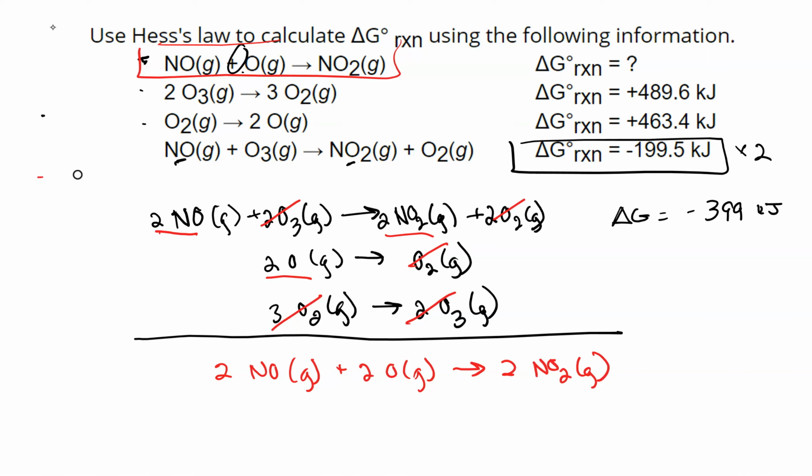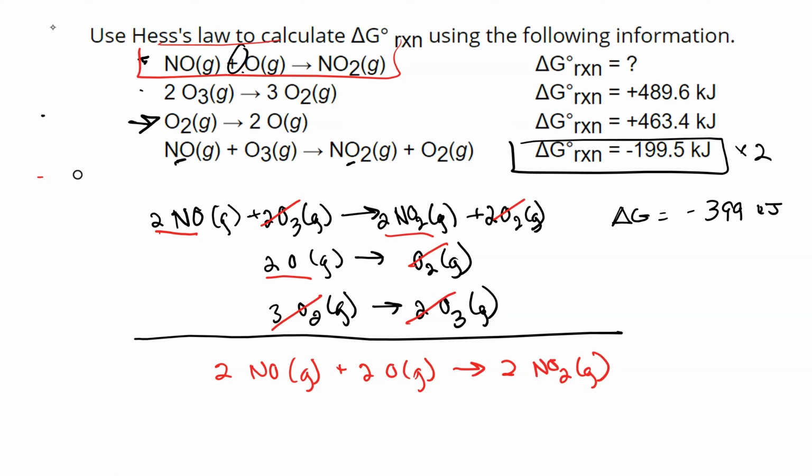The second half reaction, 2 oxygens goes to O2, is what we see here in our second half reaction, except that it's drawn in the opposite direction from what was described.